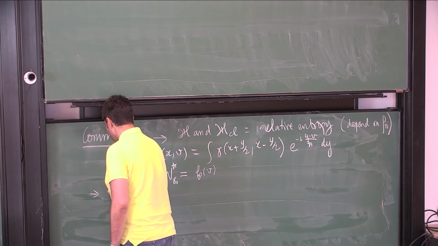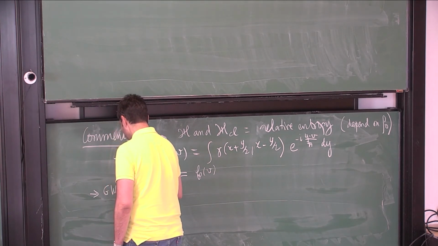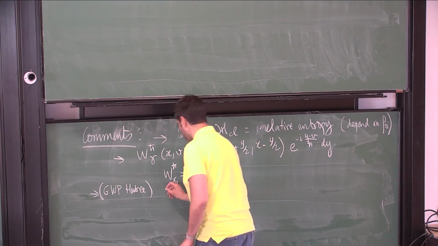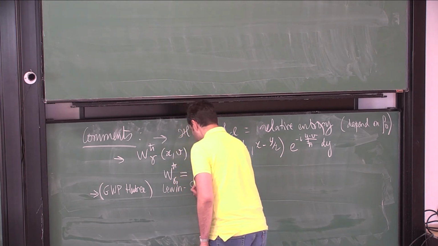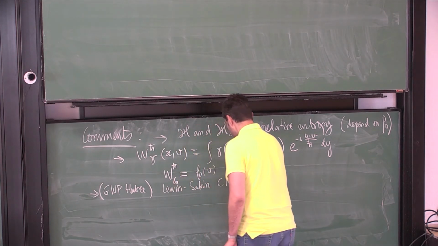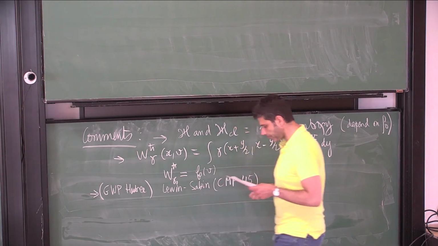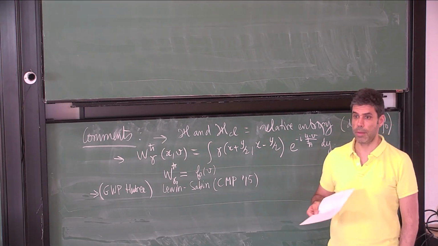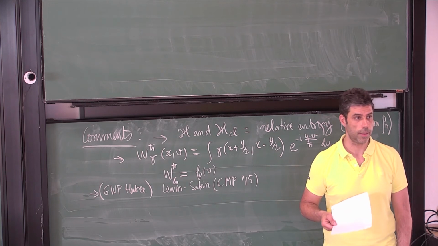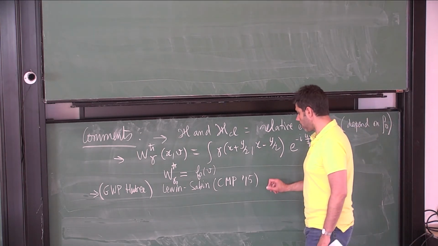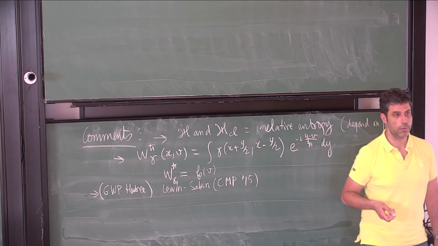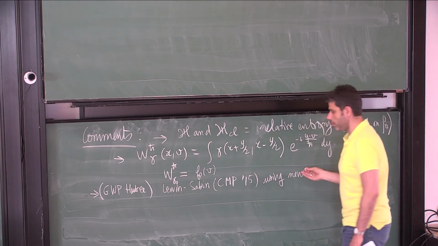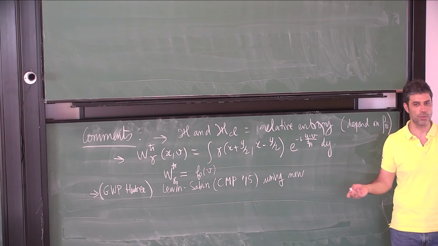So now comments about the global well-posedness for Hartree. The global well-posedness for Hartree is something we did some time ago already with Julien. That's a CMP paper in 2015. To prove this global well-posedness, the only thing you have to remember is that we used Strichartz estimates. Because we have this background, the usual Strichartz estimates are not very useful, so we had to use new Strichartz estimates, I call them new because they didn't exist before, but now they are not so new anymore.